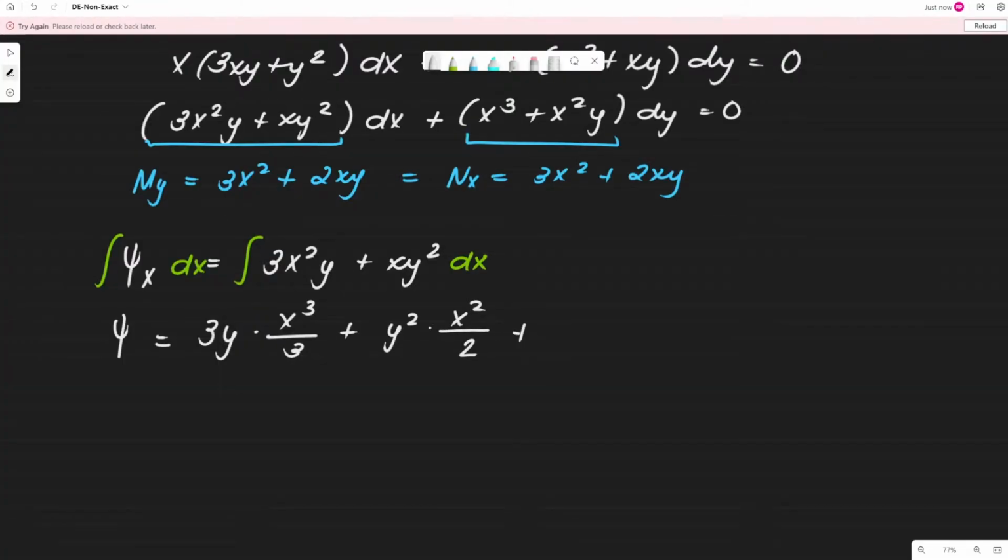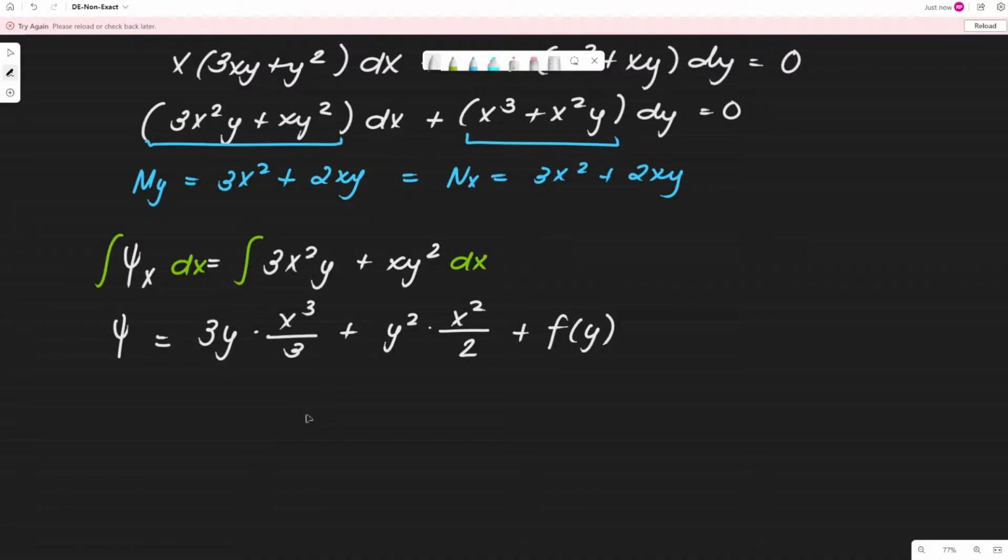'Di ba? So plus f of y kasi 'di ba psi x is a partial function of x, no? So kapag kinuha natin derivative ng y in respect to x, since y will be a constant, it will be equal to 0. No? So yun yung concept behind bakit tayo naglalagay ng f of y.